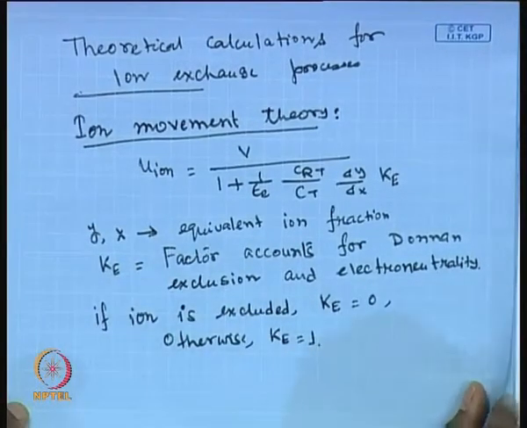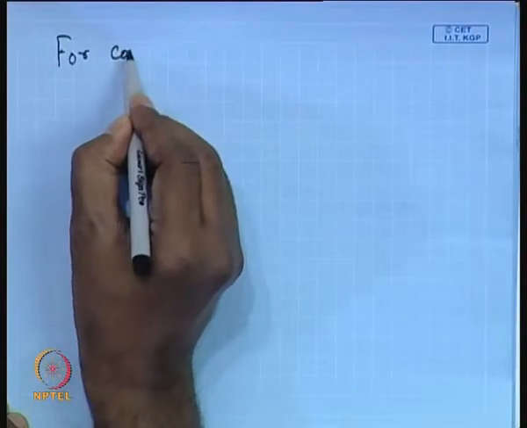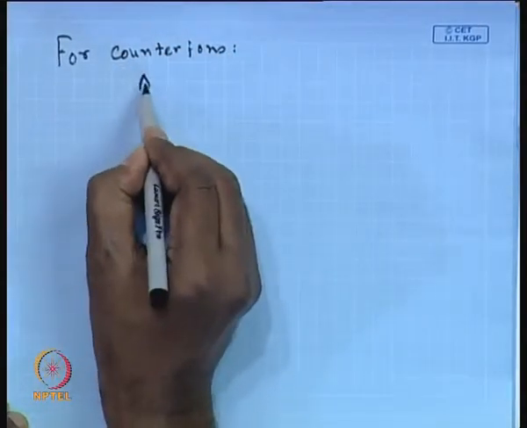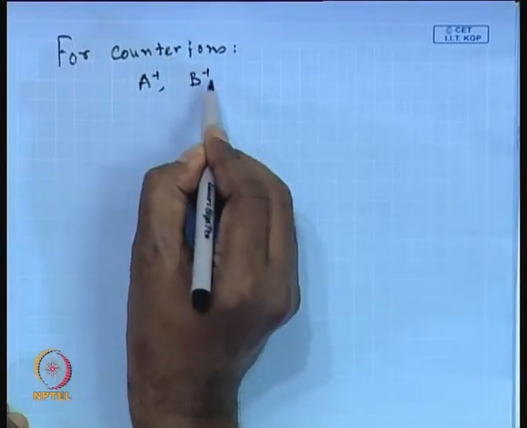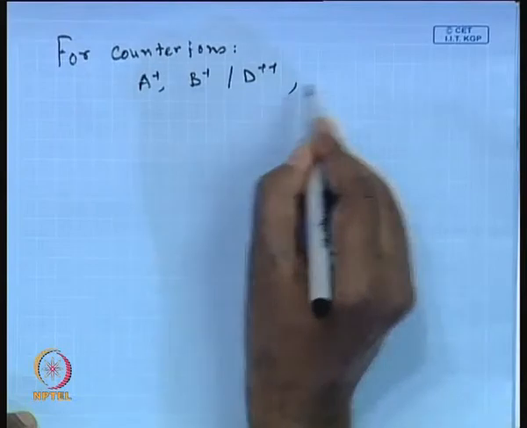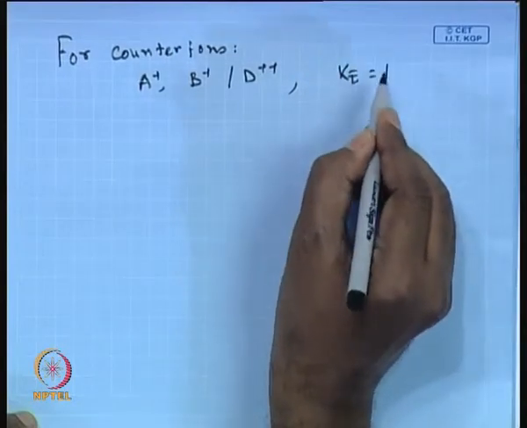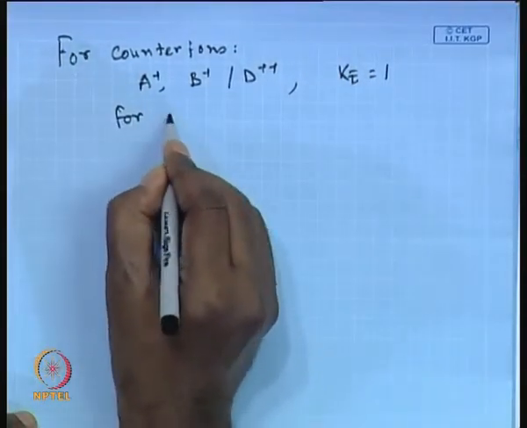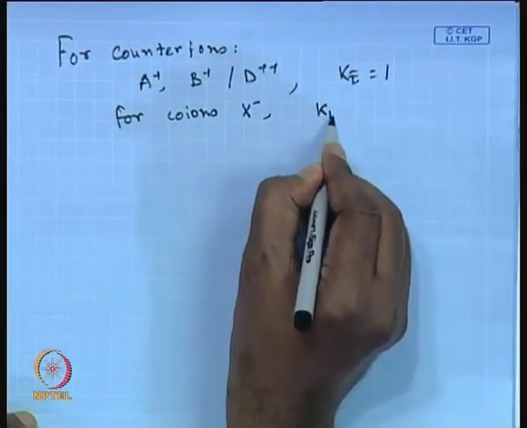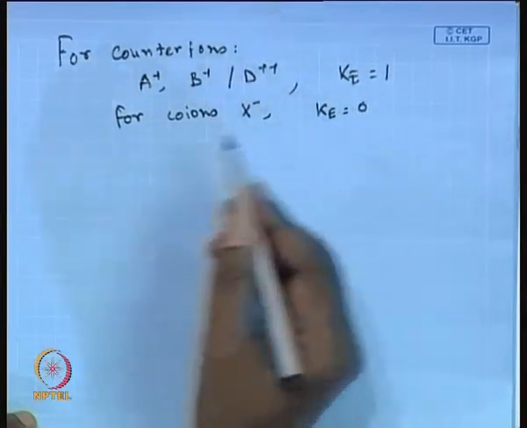Okay. Now, for counter ions, like A plus, B plus or D plus plus, divalent or monovalent counter ions, K E will be equal to 1, and for co-ions X minus, K E will be equal to 0.